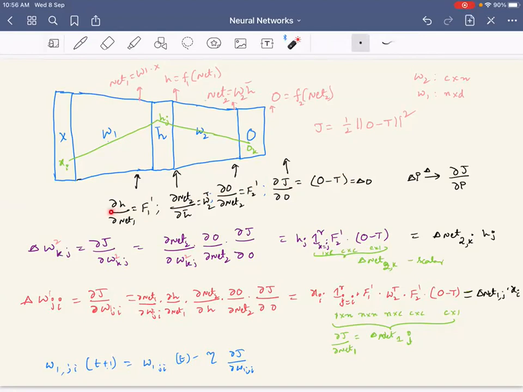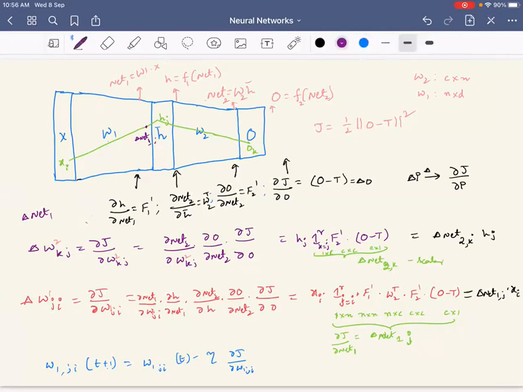I have written all these to multiply them and get the derivative of the loss function with respect to the weights. I want to get delta net 1. So these are all written to get delta net 1.